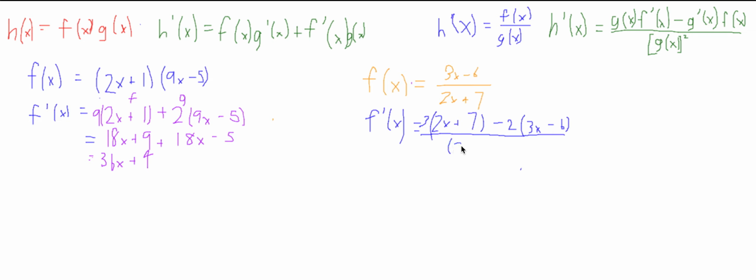So that's going to be 2x plus 7 squared. Now, it is very complicated to simplify. However, you can leave it like this.